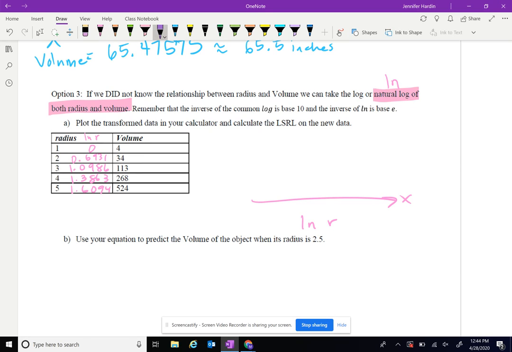If we then compare that to the natural log of our volume, the natural log of our volume should go on our x-axis.